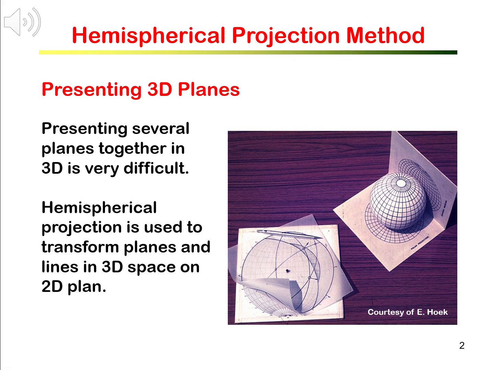But imagine you have to draw 3, 4, or 10, or even 100 planes. I don't think you can possibly do that. Conclusion: presenting several planes together on paper is very difficult, if not impossible, by normal means.